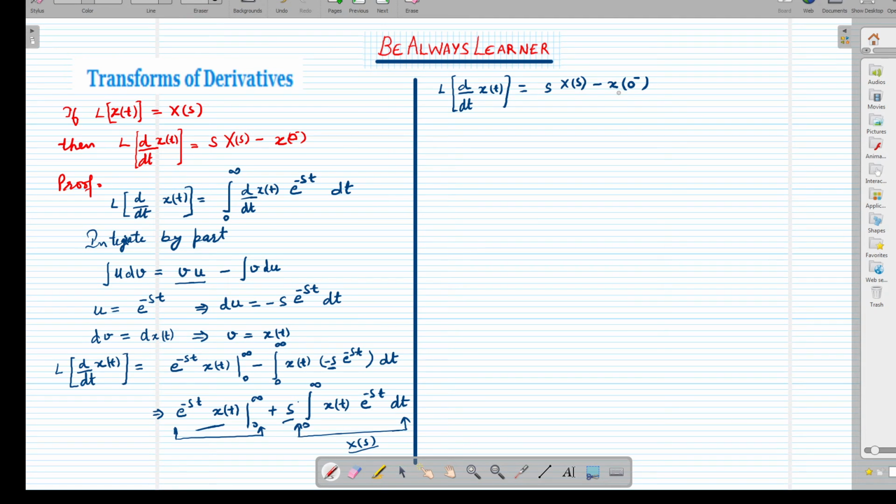Fine. Since X(s) exists, the limit as t tends to infinity of x(t) e raised to the power minus st is equal to 0. Only then X(s) exists. This is all about the first derivative.